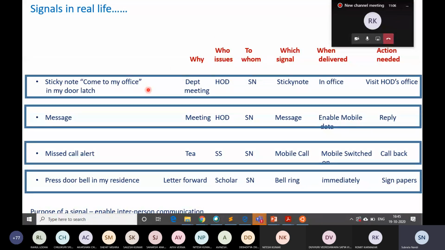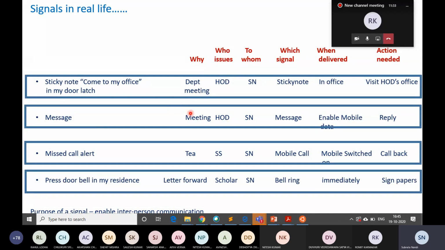There are many ways she can signal me about the meeting. Maybe on my door latch in the office, she can stick a sticky note asking me to come to her office. It can be through a message also. She can drop a WhatsApp message or SMS informing about the meeting timing.